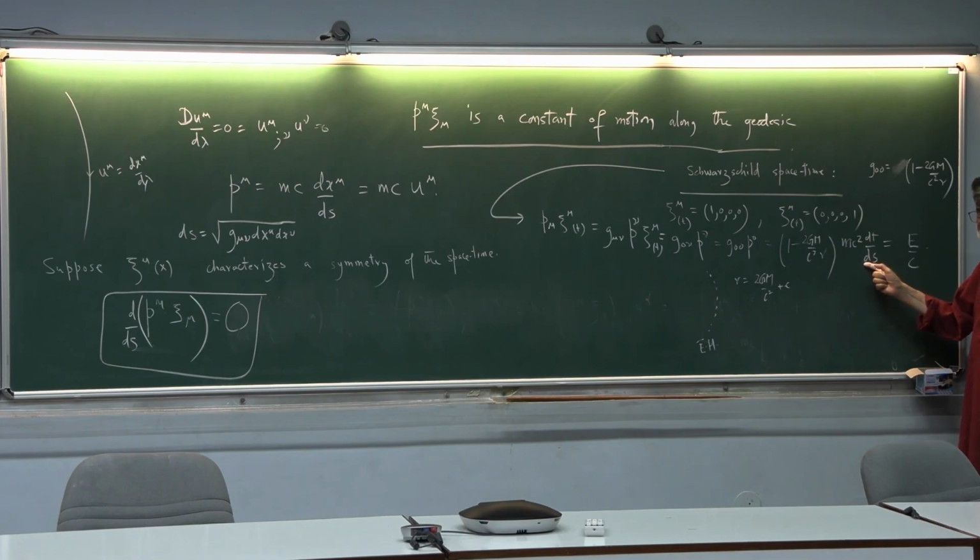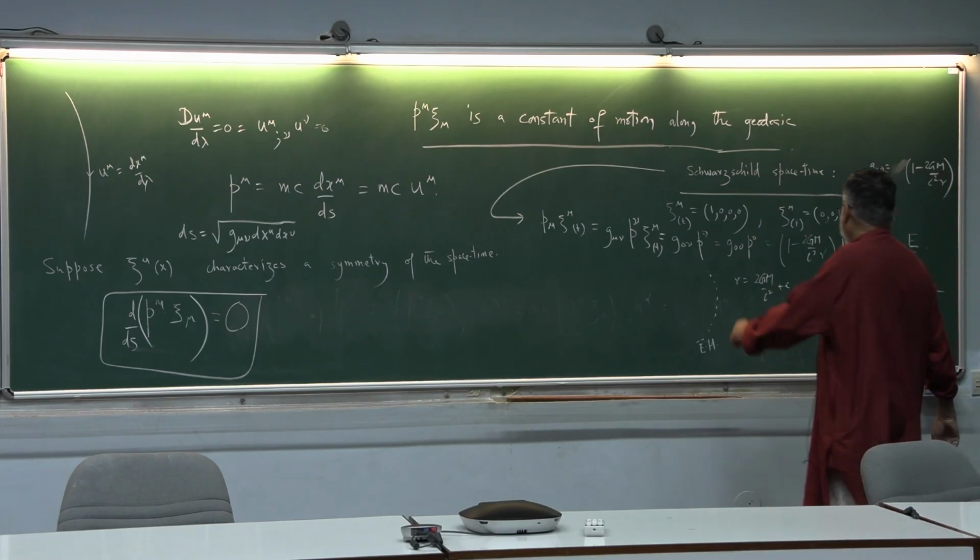Very simple actually. When it is almost at rest, ds is the square root of all those g00, etc. But when it is at rest, the spatial part is 0. So when it is at rest, it is simply g00 c square dt square. Okay? So it's the same as square root of g00 c dt, and therefore c dt by ds.